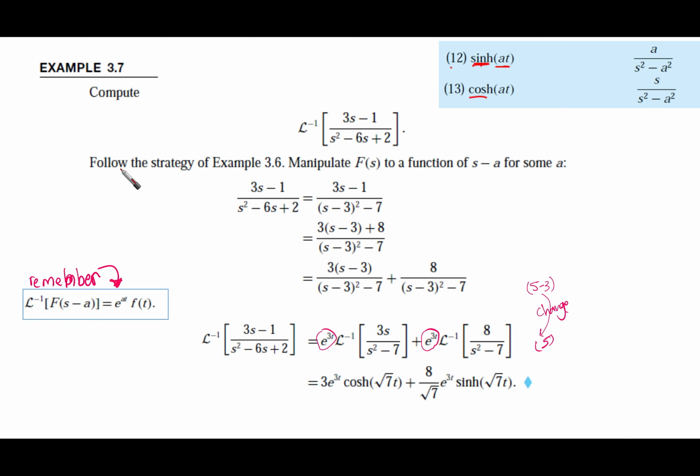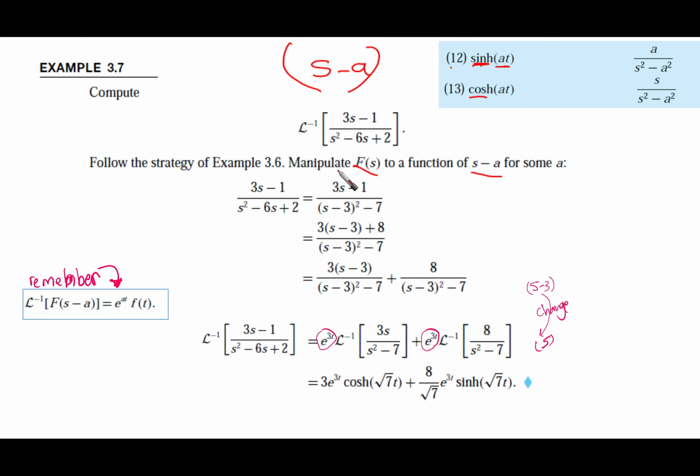Okay. Follow the strategy of the previous example 3.6. Manipulate F of s to a function of s minus a. That's the point. We want to change this to have something like s minus a. Okay? So we're going to manipulate this.